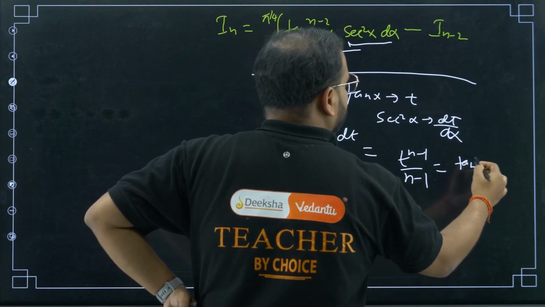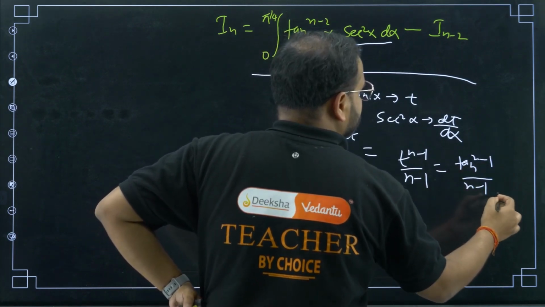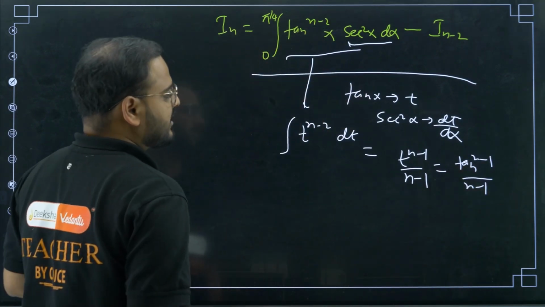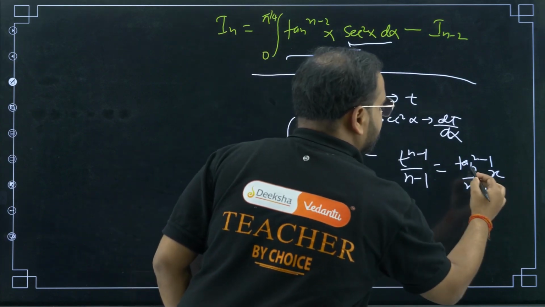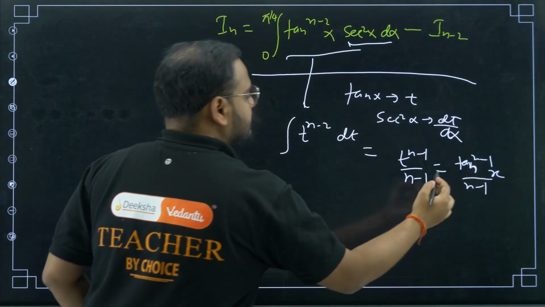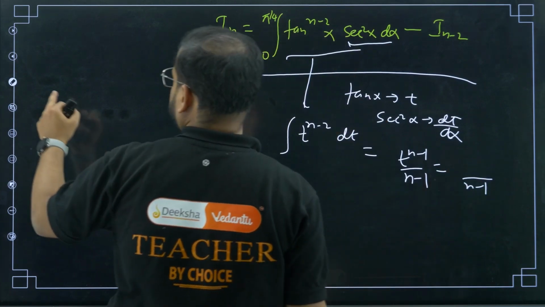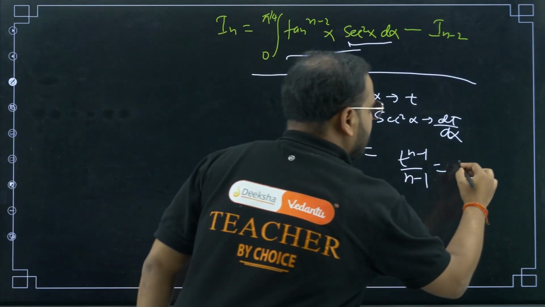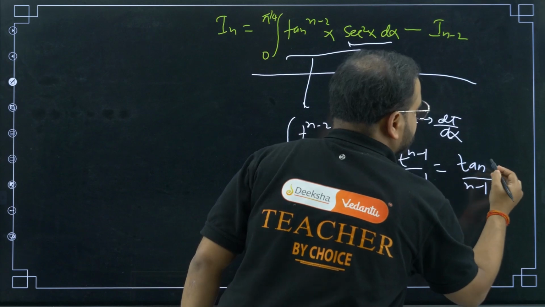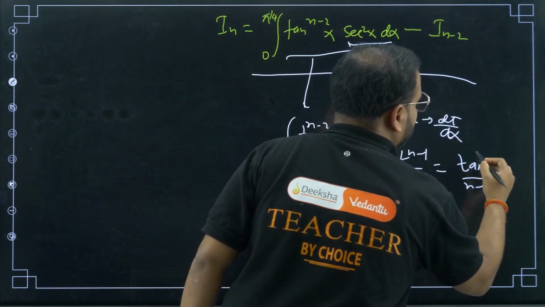So tan x to the power n minus 1 upon n minus 1. I hope you're able to understand this.